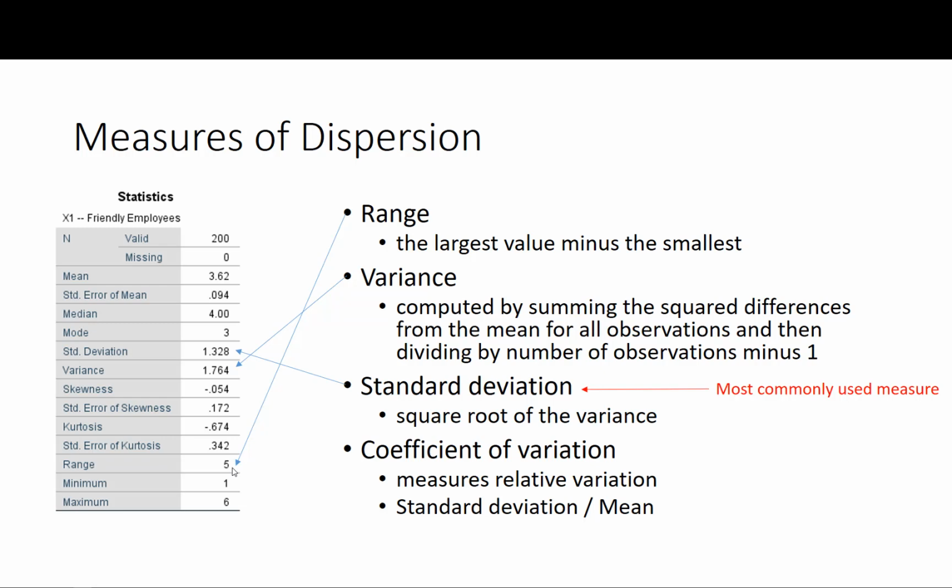Variance is computed by summing the squared differences from the mean for all the observations and then dividing by the number of observations minus 1. I know, don't worry about it. Here it is reported right here, 1.764.